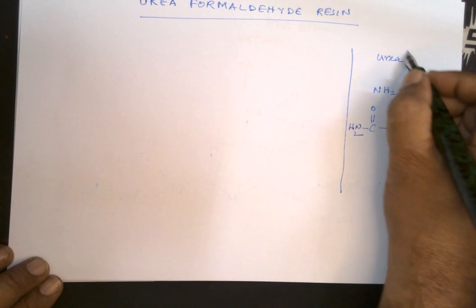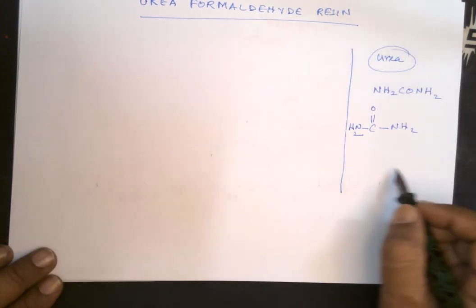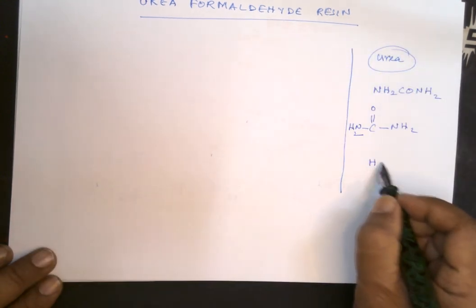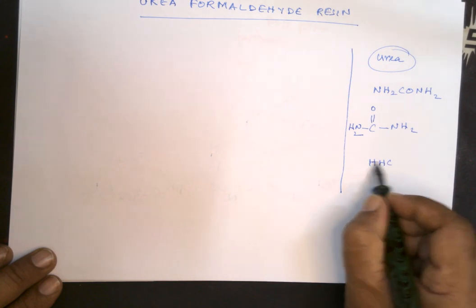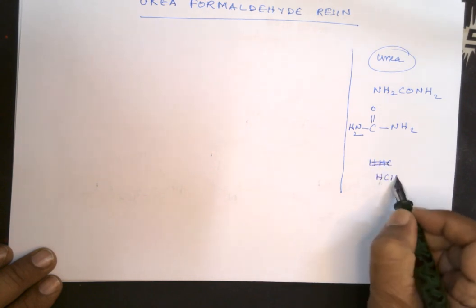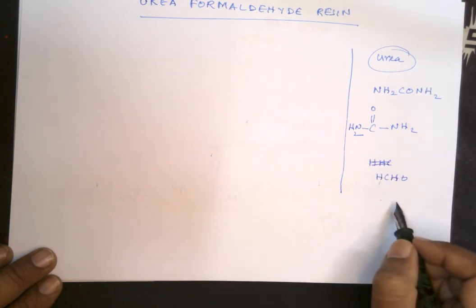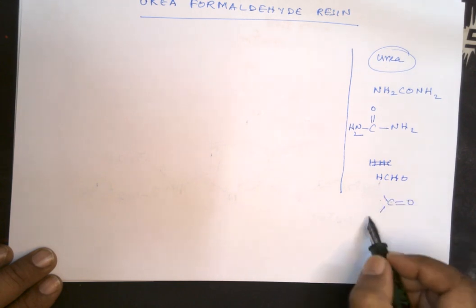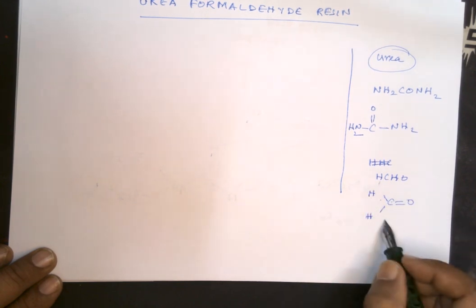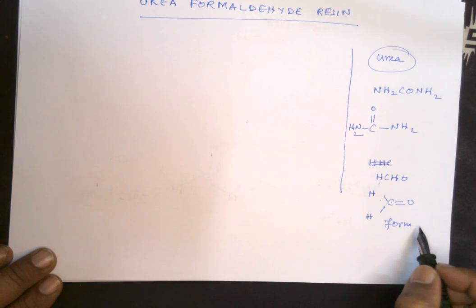So this is urea. And formaldehyde, I already discussed, HCHO, that is C double bond O H. So this is called formaldehyde.